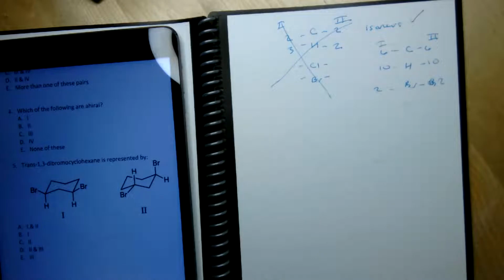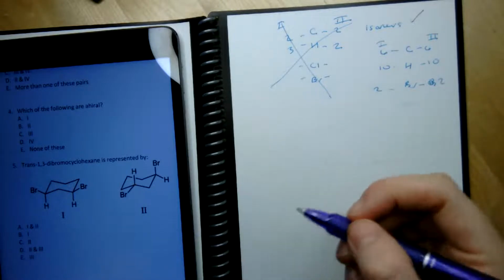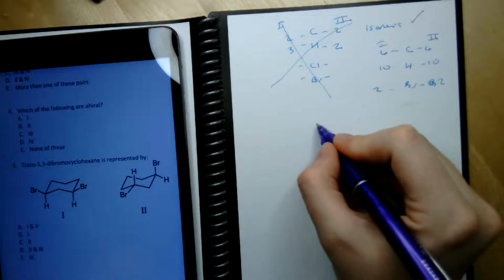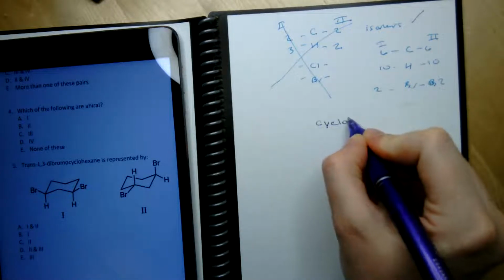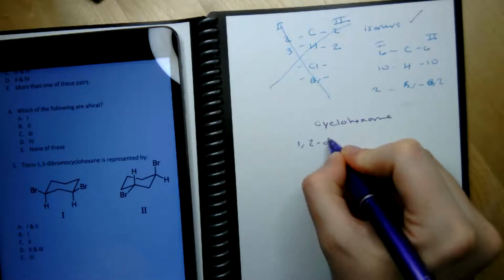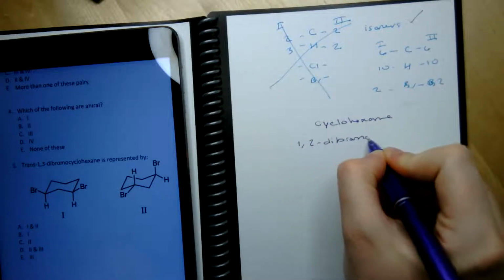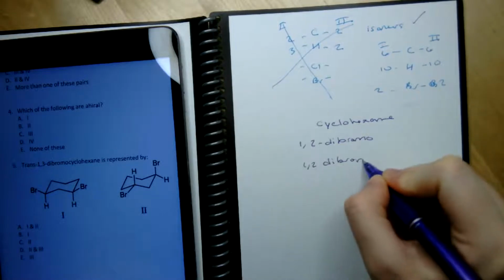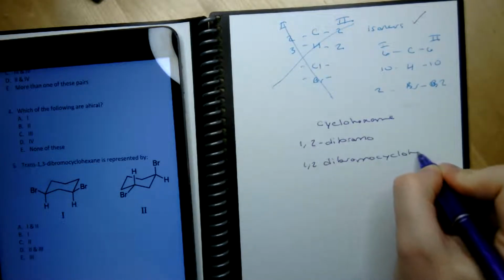But they don't have a different condensed formula or name. If you were just to write out the name of this, they seem to be arranged the same. So this looks like it's cyclohexane, and you have 1,2-dibromocyclohexane.